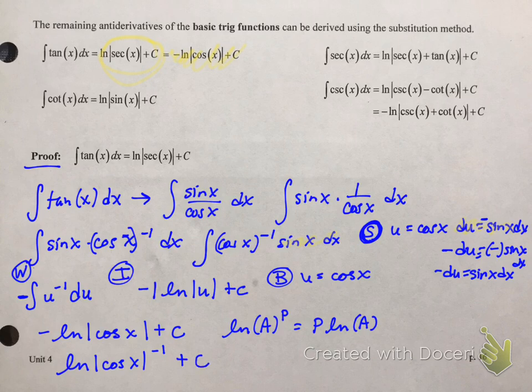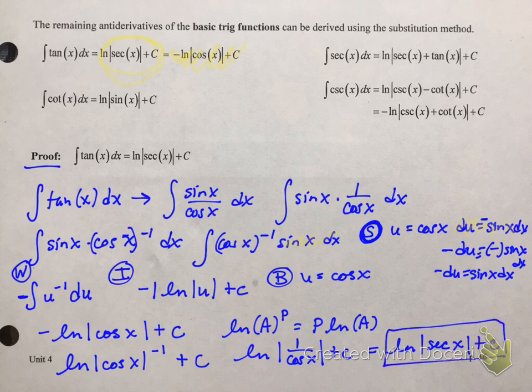Now, if I rewrite this, this means ln of 1 over cosine x, plus c. And 1 over cosine, by definition, gives me secant x. So that's how those three are equal to each other. We just got that last piece of information.